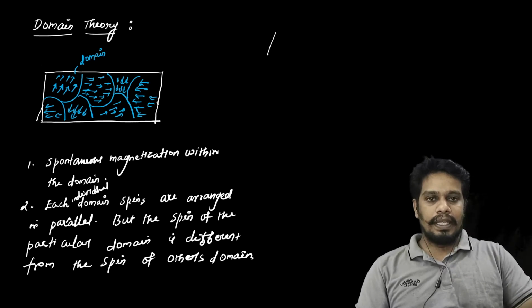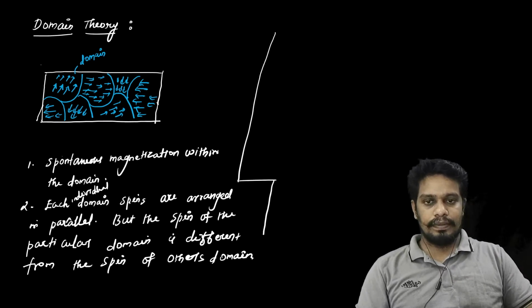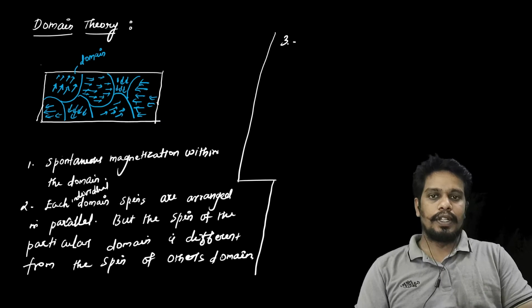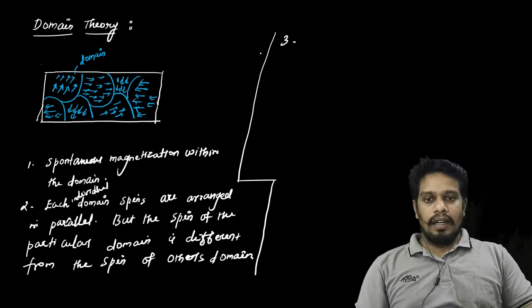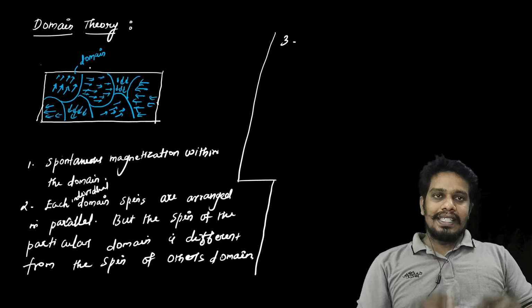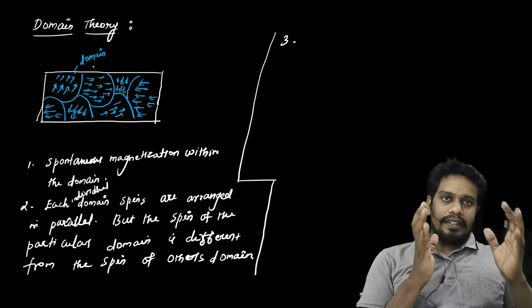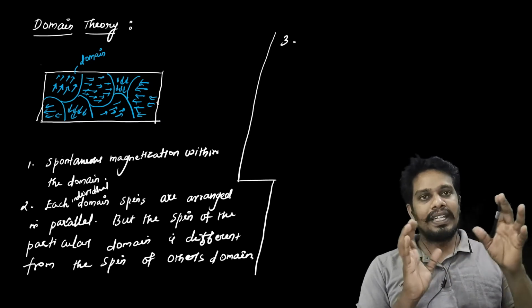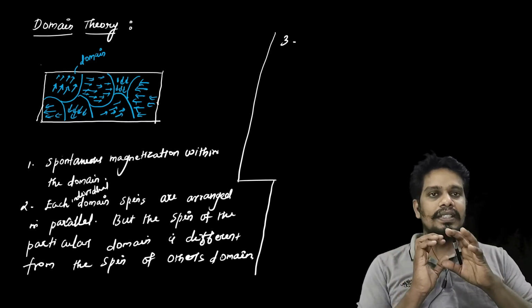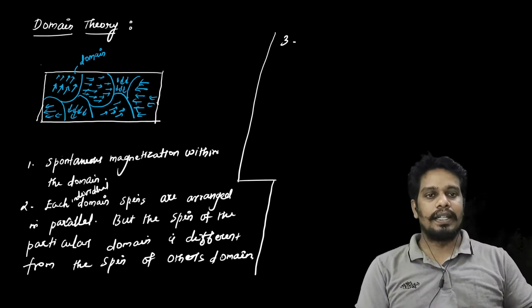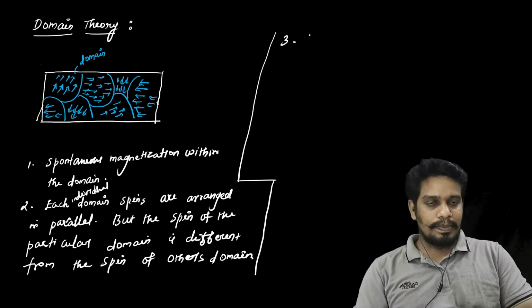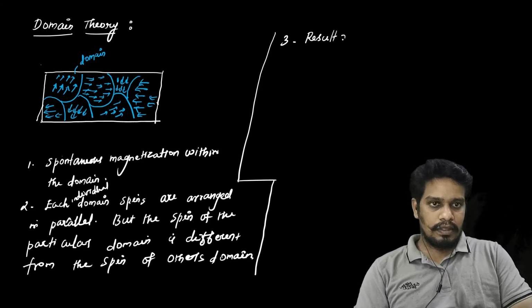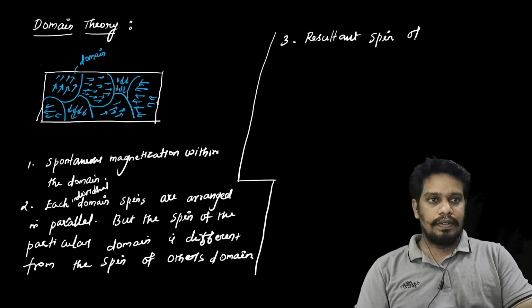The third point you can notice here is that there is a spontaneous magnetization in all the domains, but the resultant magnetization is zero because the resultant spin of each domain is arranged randomly.